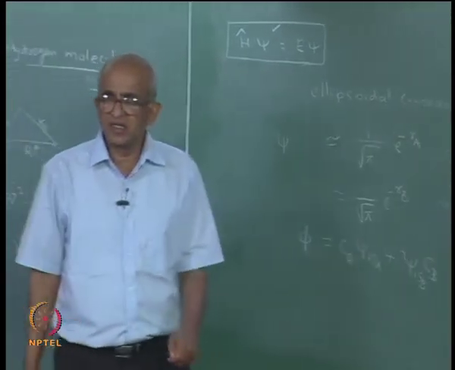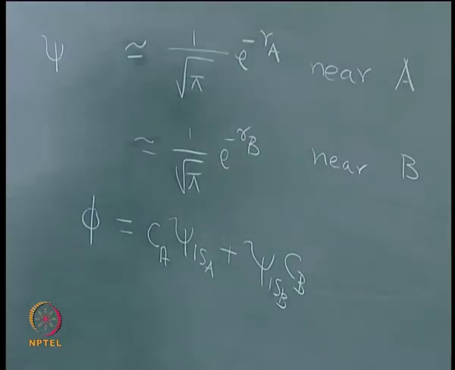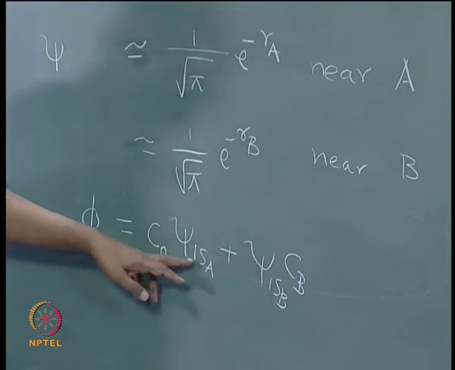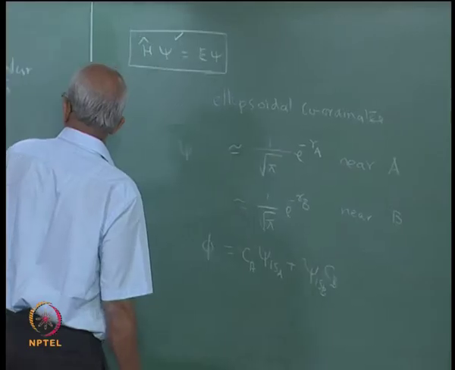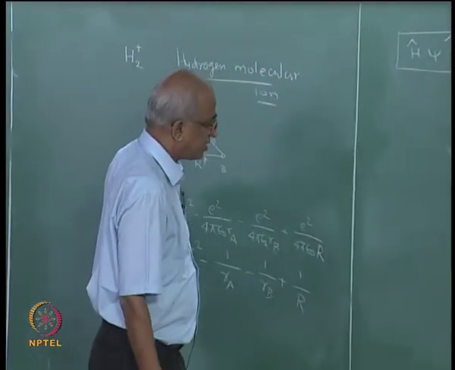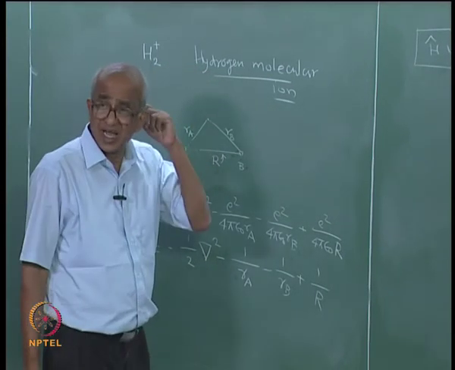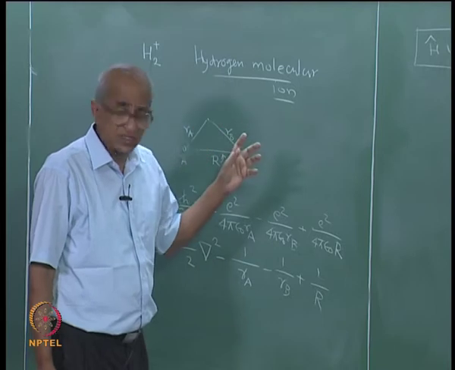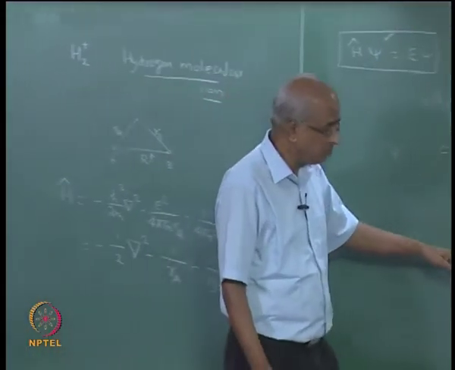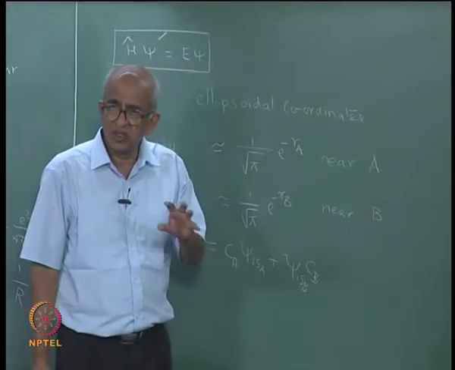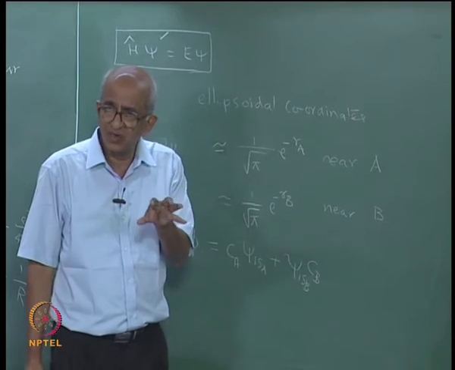Why do I have that trial wave function? If you are near the nucleus A, where is my nucleus? Here is my nucleus. If you are near that nucleus, then the distance of the electron from the other nucleus is large, and if that is large, what about 1sb? 1sb, remember, is an atomic orbital having its center on that nucleus.